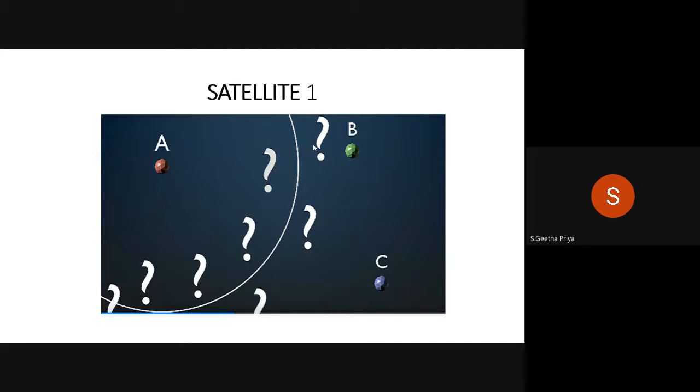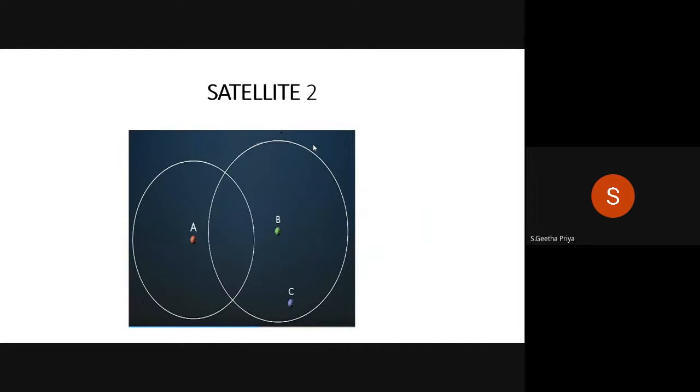So your second satellite will be working. After the second satellite emits its radio waves, it will cover its own orbit. So this is the orbit of your satellite B. Here you can see that both the orbits intersect at 2 points.